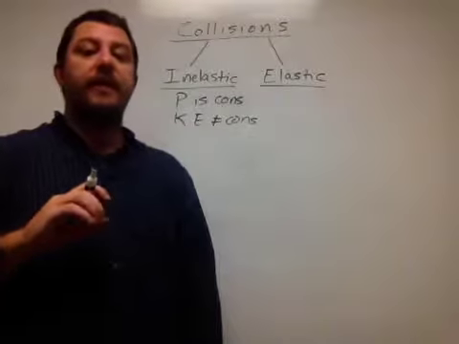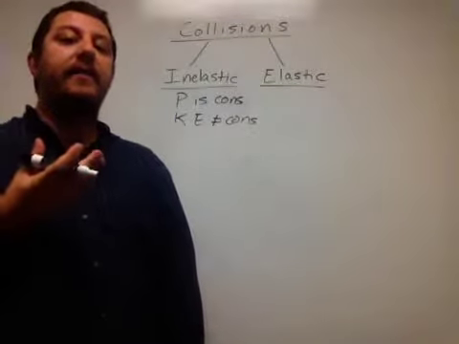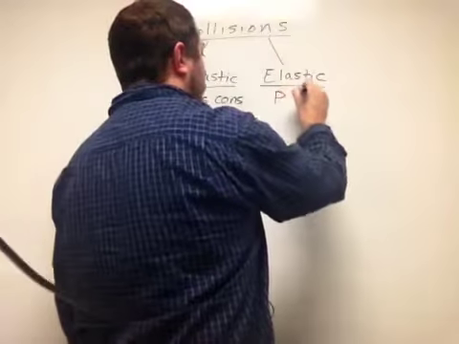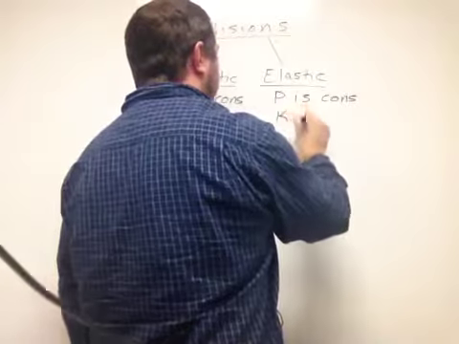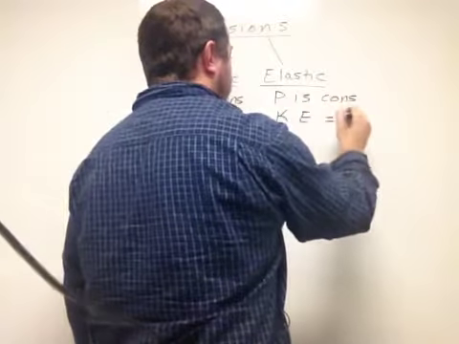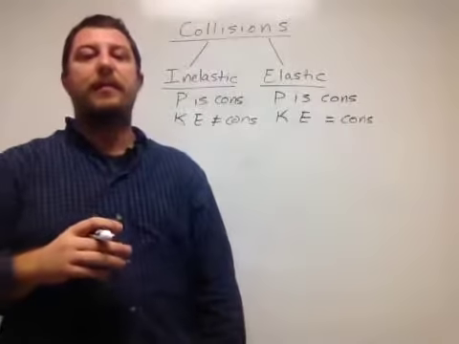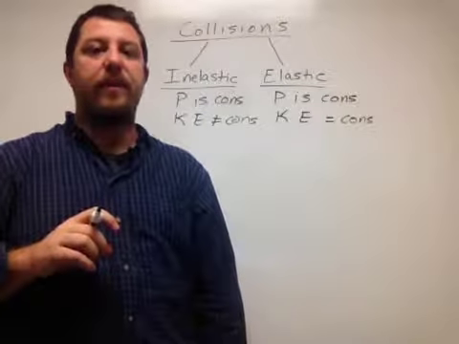Now, we contrast that with elastic collisions, and in that case, we have the condition that momentum is conserved and kinetic energy is conserved. More precisely, some people use the word constant. The kinetic energy stays constant throughout the entire process.